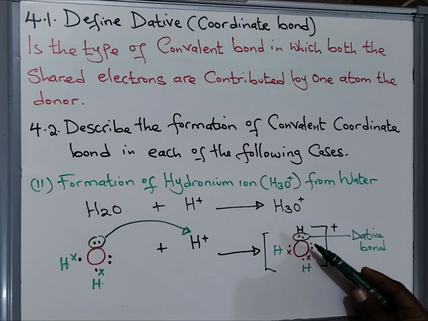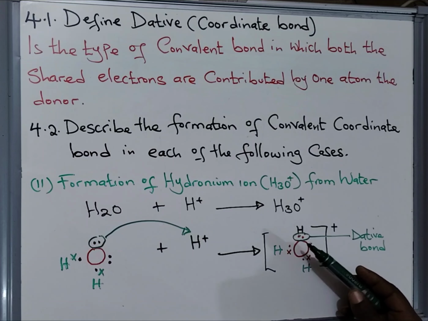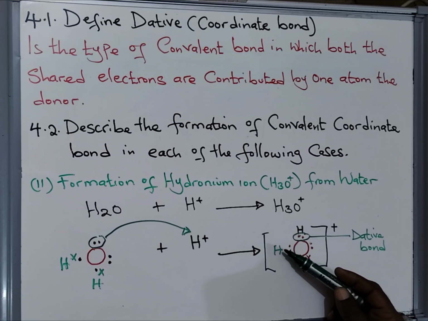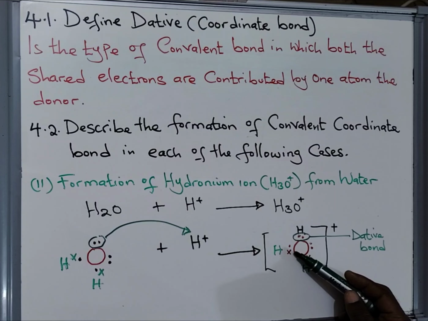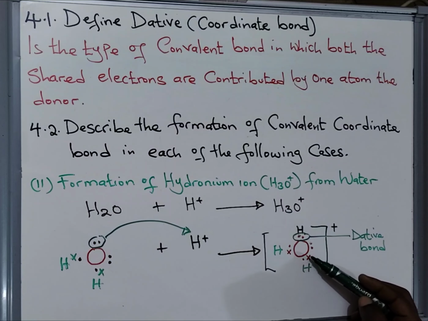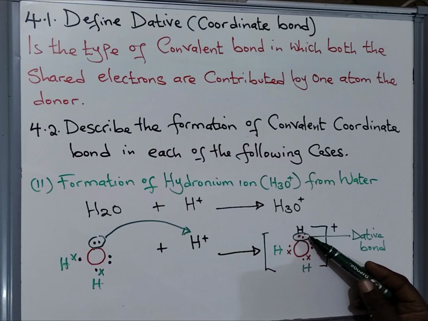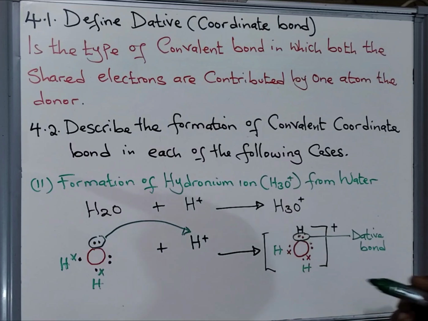Because both shared electrons were contributed by oxygen, this is a normal covalent bond where both partners contributed to it. The same applies to this one. This one is a special one because both shared electrons were contributed by oxygen. So oxygen is the donor and hydrogen is the recipient.